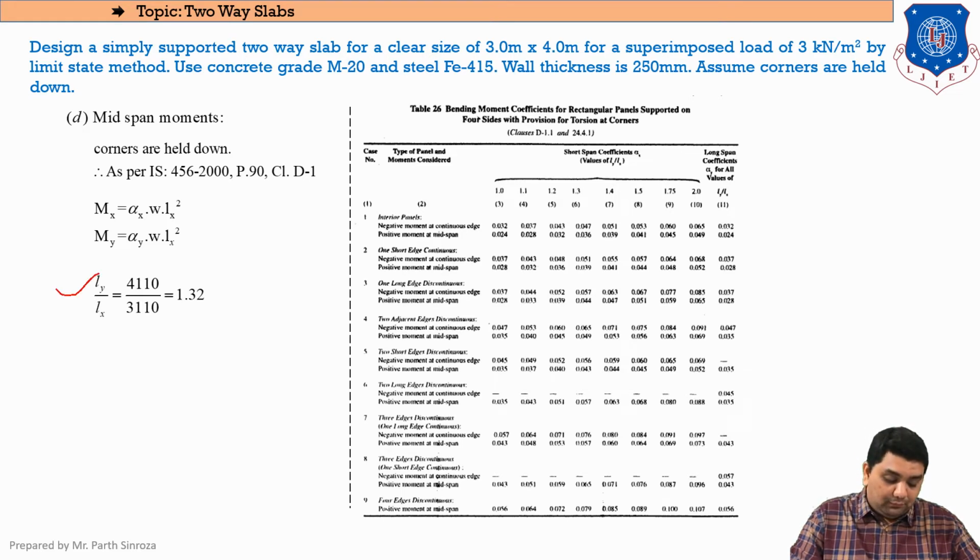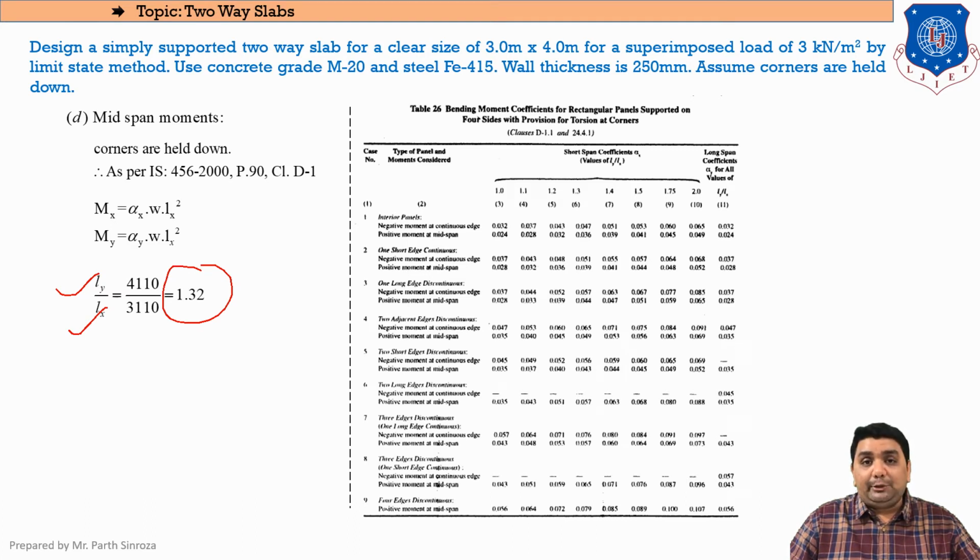Effective Ly was 4110 and effective Lx was 3110. So our aspect ratio comes out to be 1.32. Now we will calculate the value of alpha x from this ratio, that is 1.32. As you can see here, the ratios are mentioned, but 1.32 is not mentioned.